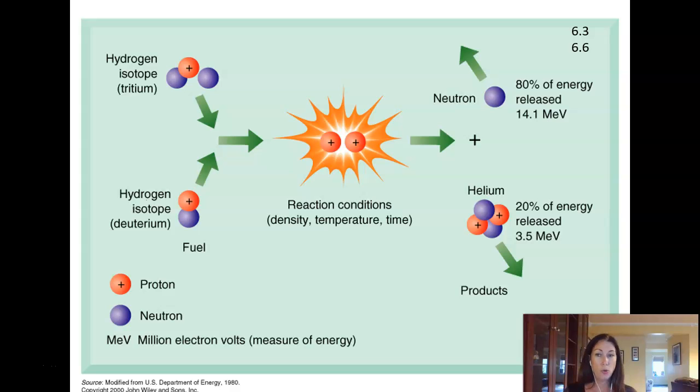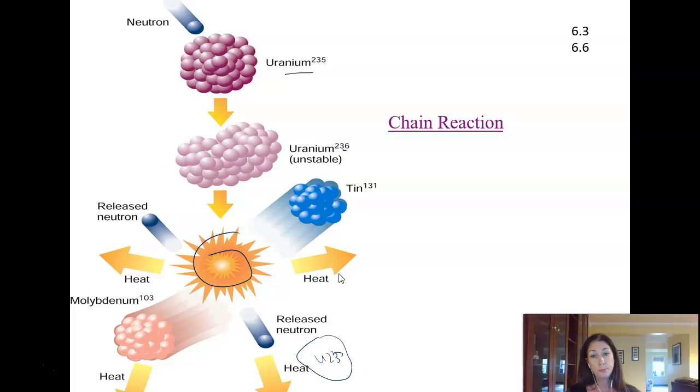We just can't control it. We can't force these two hydrogen atoms together. We do see this type of technology in bombs, but you need a fission reaction to supply the energy to force those two hydrogen atoms together to make fusion. This is under research to find ways to make fusion happen, but currently we don't have the method to use fusion for electricity, so we do fission.